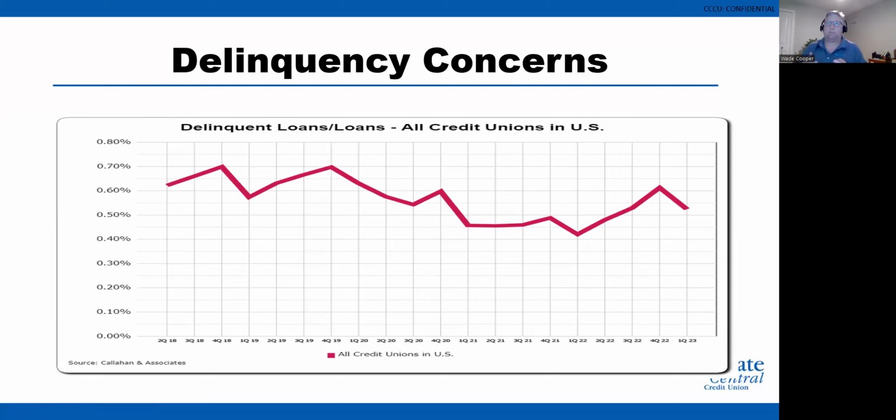Outside of their control would be, say, if they had a SEG and it was a plant in town that shut down or had a bunch of layoffs, or if it's a union-based credit union and all their members are laid off, that's beyond their control as well. But the first thing we would look at would be underwriting and collections, to see if there's any problems there.